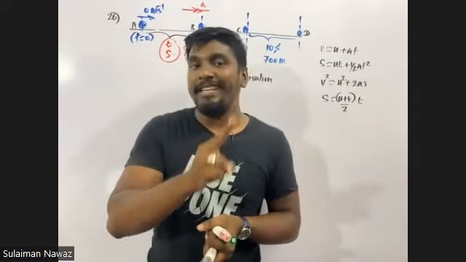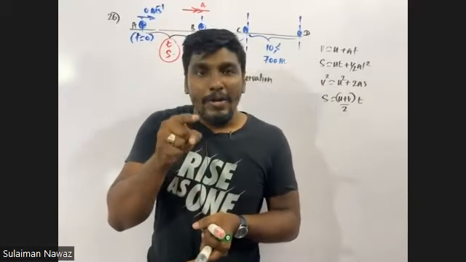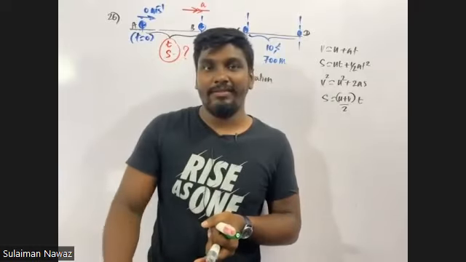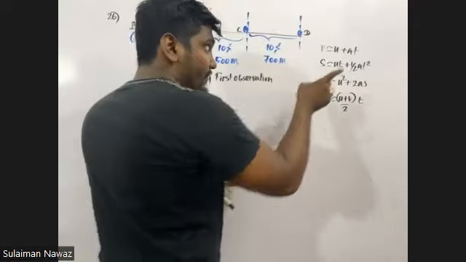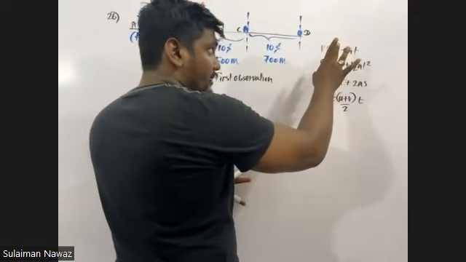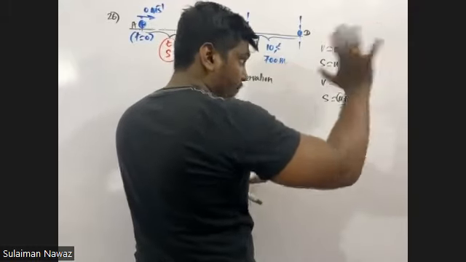The second important point is exactly from where to where you are going to apply that linear motion equation. For example, let's say one student selected the equation V equals U plus AT.